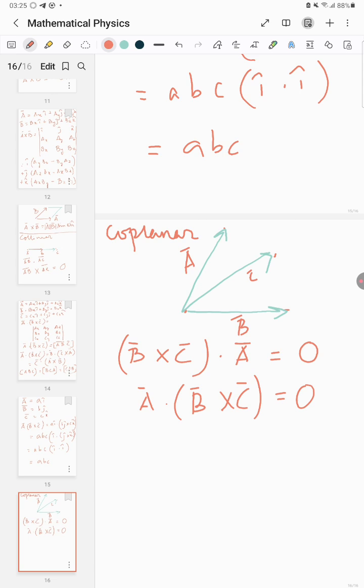In 2D there is no concept of volume. Volume comes with the concept of 3D. So basically, physically it means something which has got no volume. So A dot B cross C equal to 0 implies no volume.